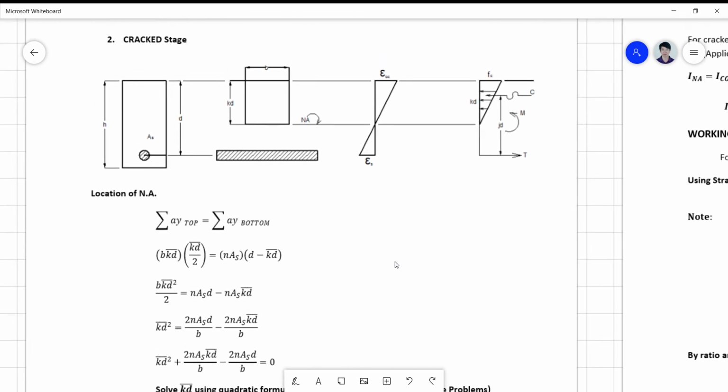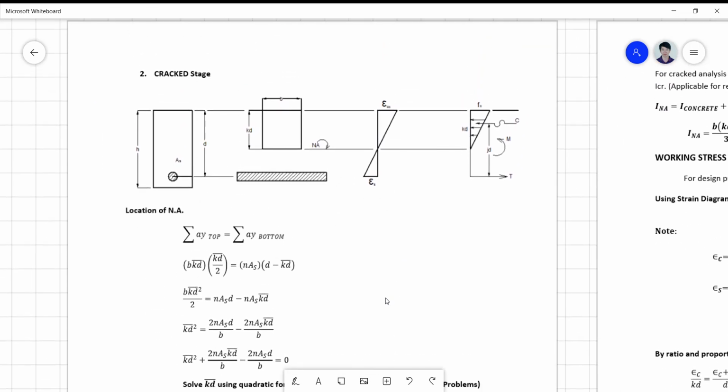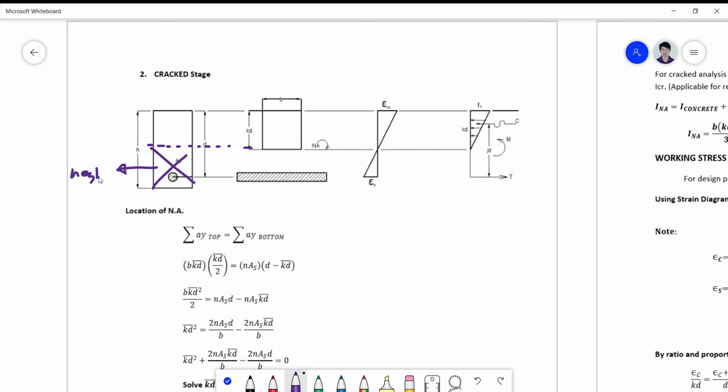So for the crack stage, what will happen is that the concrete area below the neutral axis will be neglected, okay? Because it has already cracked. It will be void and neglected.